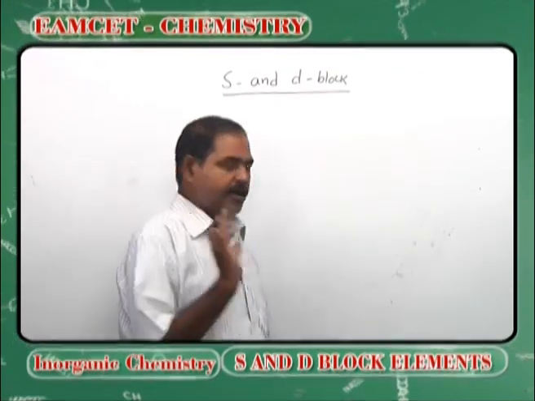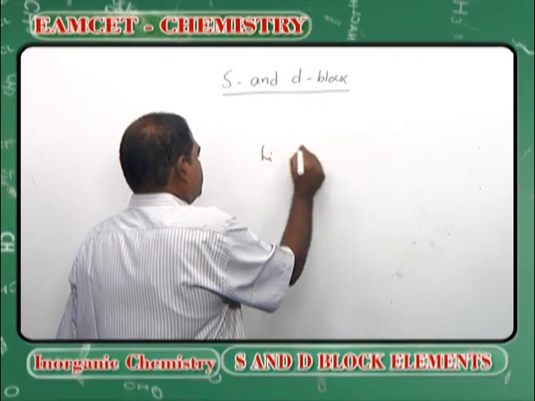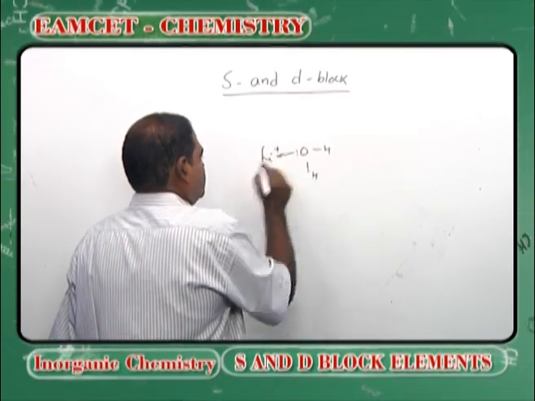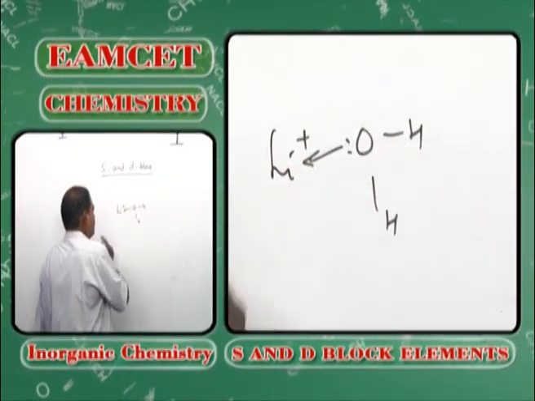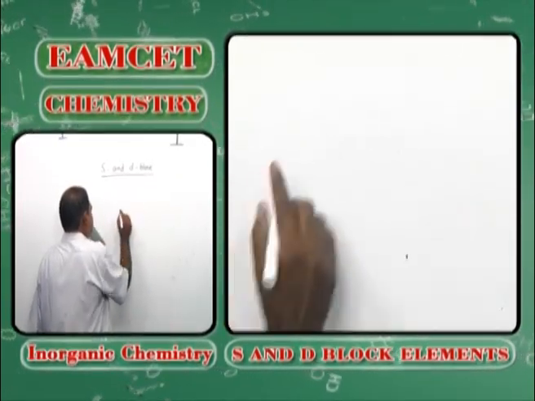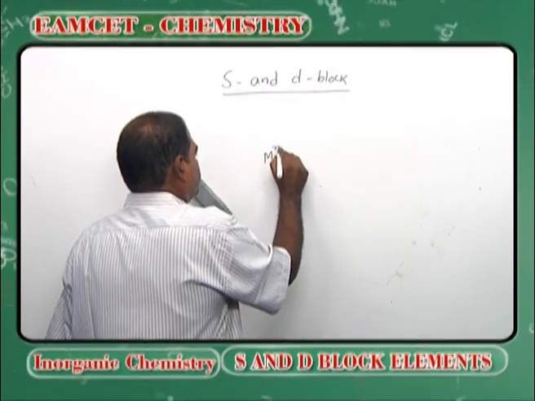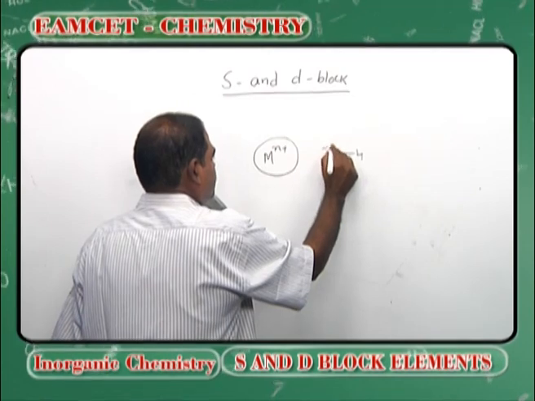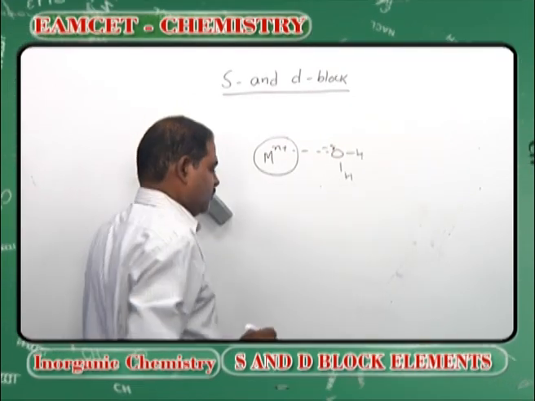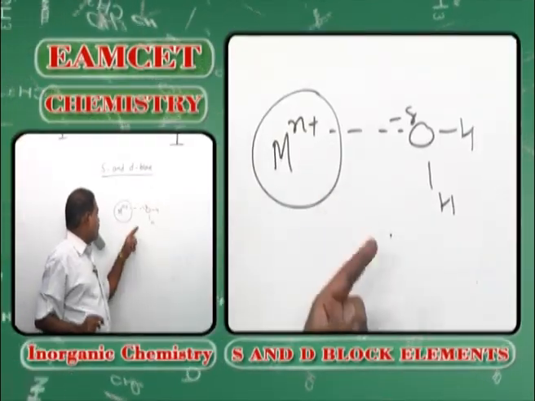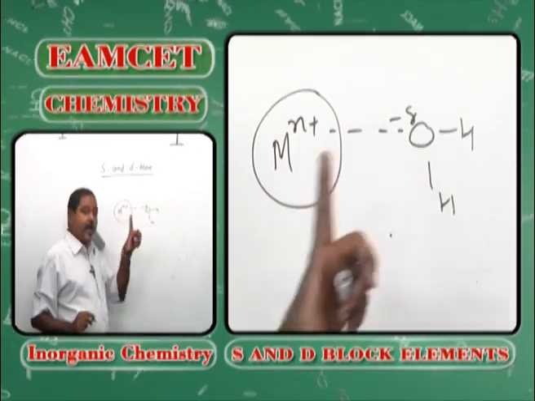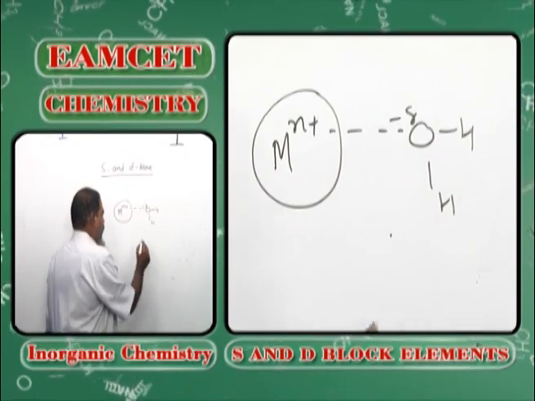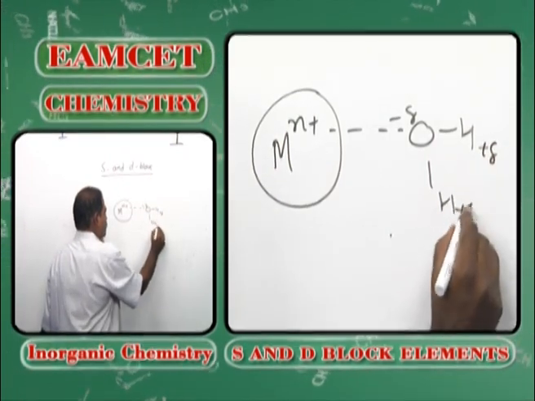Most of the time, hydration means the metal in positive state interacting with the partial negative charge of water. This is called ion dipole interaction. This is an ion and that is a dipole. Water is a dipole which has both positive and negative charges.